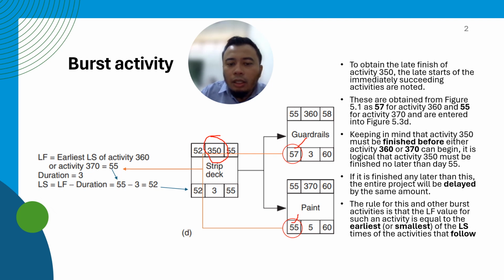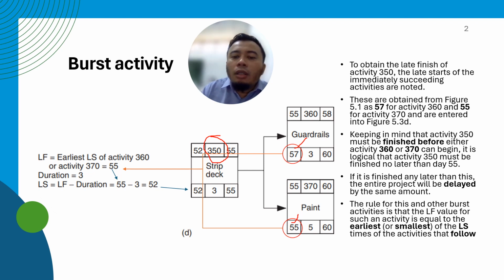The latest start is at day 55. So keeping in mind that activity 350 must be finished before either activity 360 or 370 can begin, it is logical that activity 350 must be finished no later than day 55.